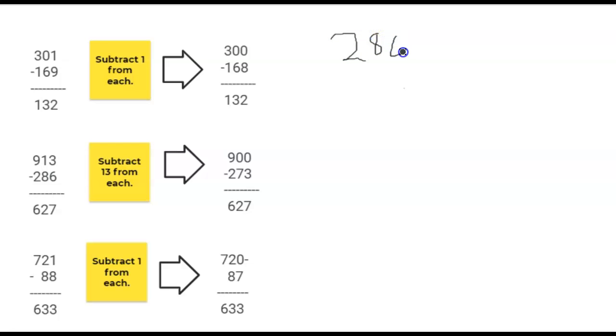So in this case, adding 4, which would get you to 290. And then maybe adding 10 to get you to 300.